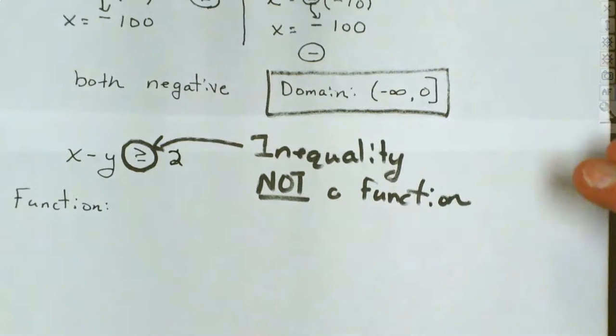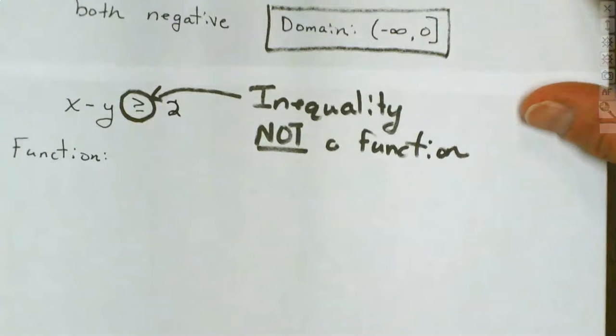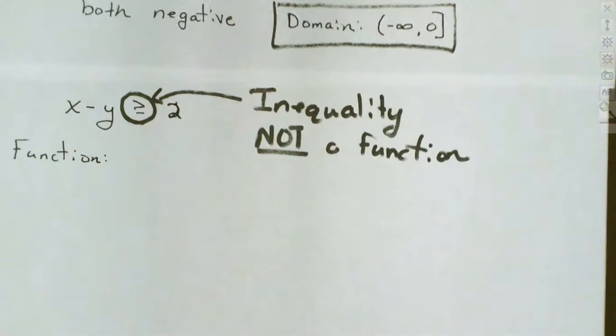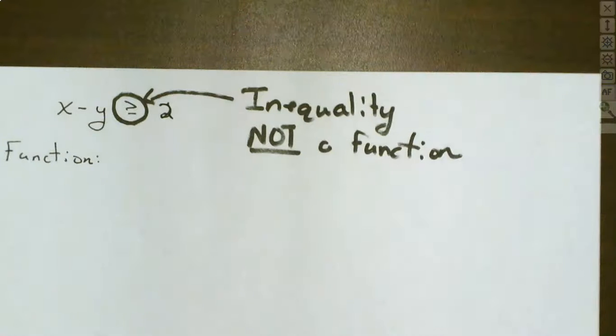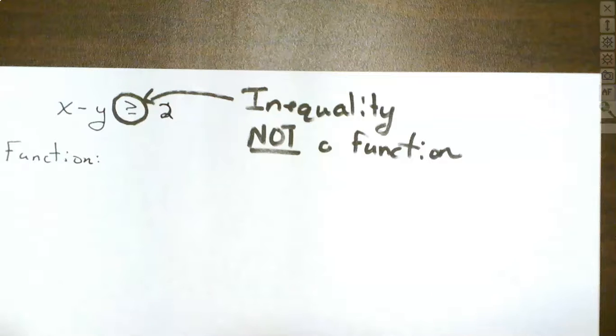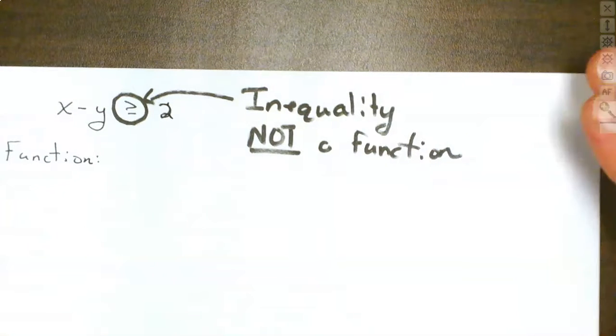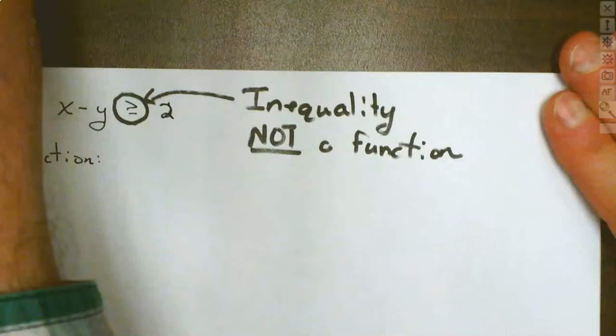And the reason for that is the shading. Remember, when we graphed inequalities, we had to shade them. And when you shade something, it breaks the vertical line test. So this is not a function because of the inequality.